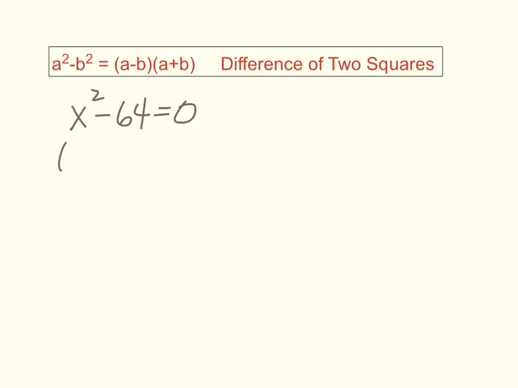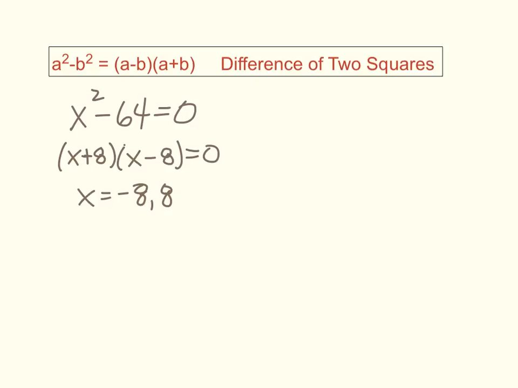They are the perfect squares of x and 8. So this is going to factor to be x plus 8 times x minus 8. And that means our two solutions, of course, are negative 8 and positive 8.